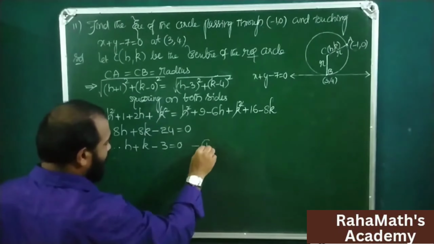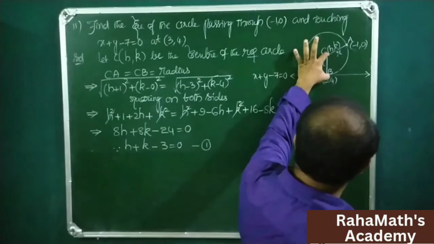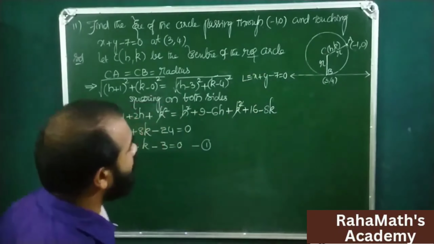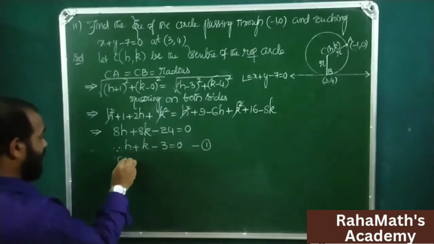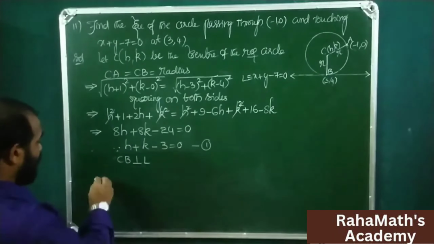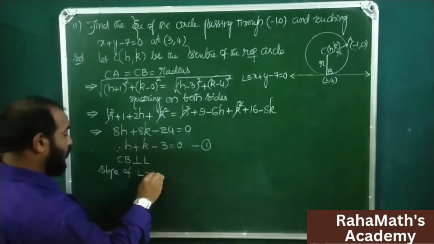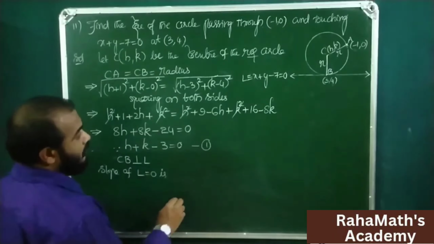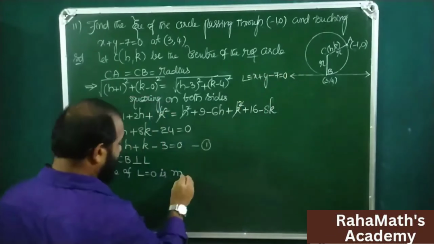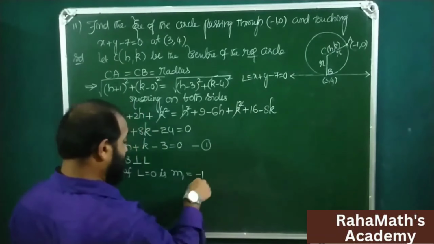Let us suppose that this CB is perpendicular to the line given. So CB is perpendicular to L. So the slope of L, let us suppose the slope of this I have taken to be m1. m1 equals minus a by b, so minus 1.